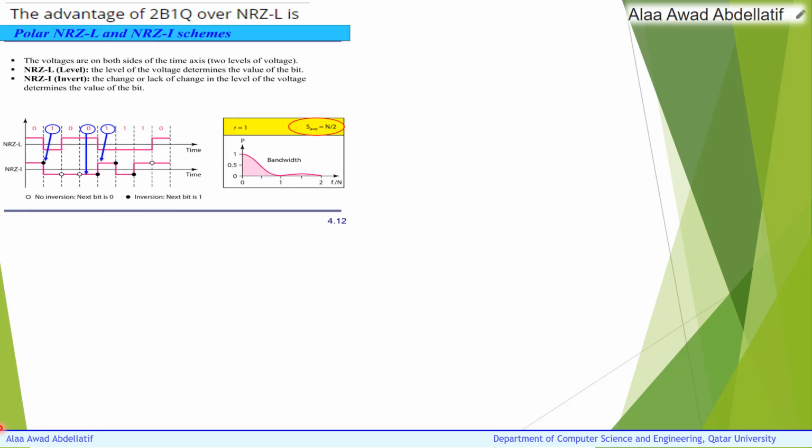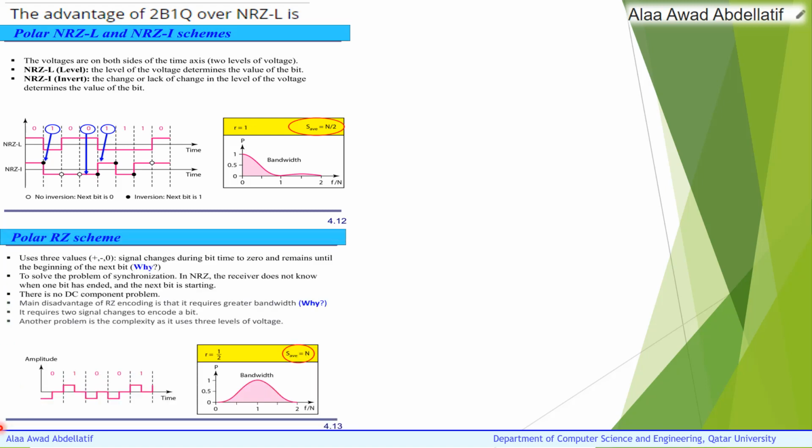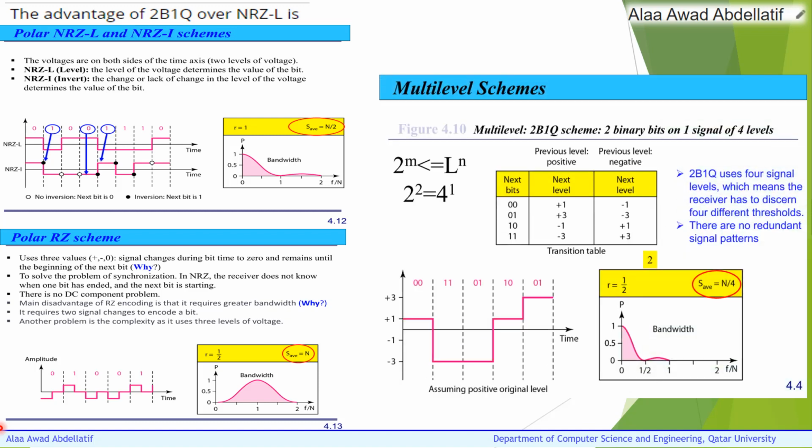So for non-return to zero L or I, both of them have bandwidth equal to N over 2, because R equals 1. S equals N over 2, while for example return to zero, S equals N, because R is 1/2. But for multilevel 2B1Q, the baud rate or bandwidth S equals N over 4, because R equals 2, we send 2 bits.